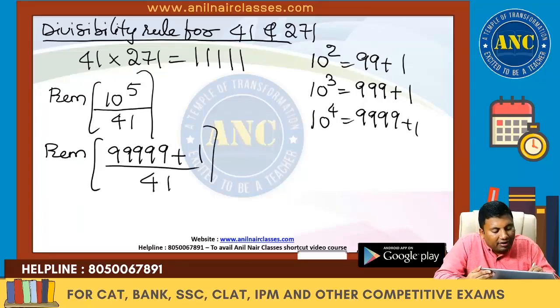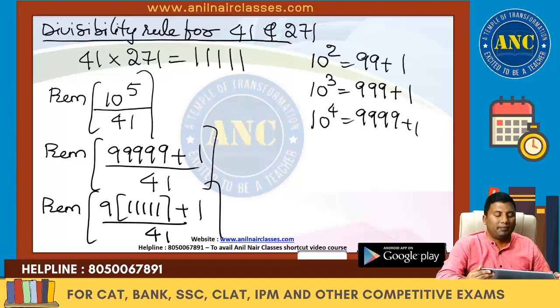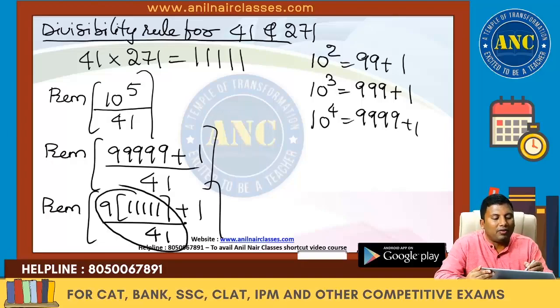Divided by 41. 5 nines can be written as 9 into 5 ones, plus 1, divided by 41. Are you all with me? 5 ones is nothing but a multiple of 41.